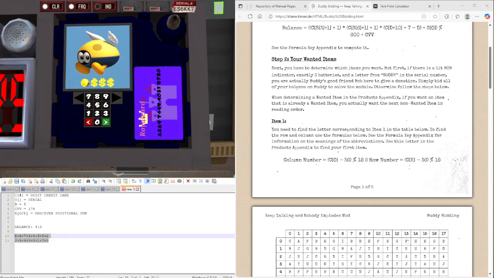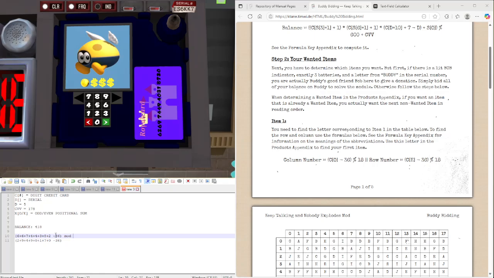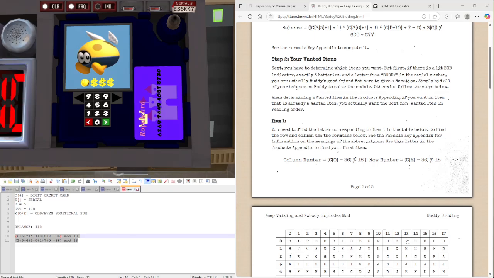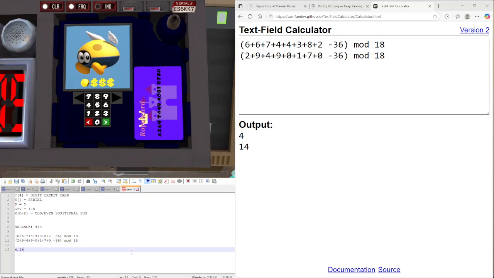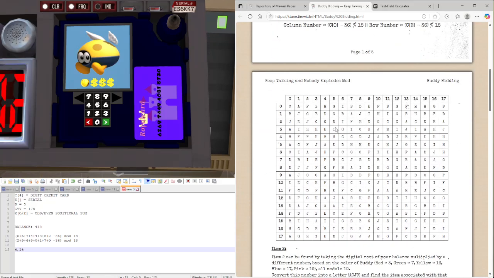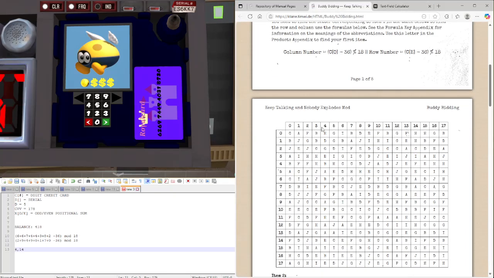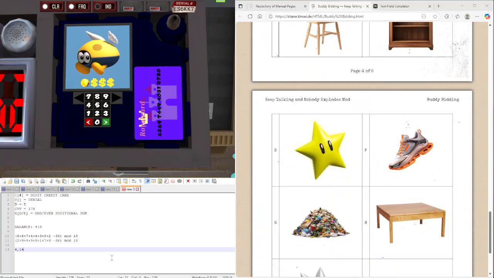And then minus 36, and then mod 18. We get 414, so that's column 4, row 14. E. Our first wanted item is star.